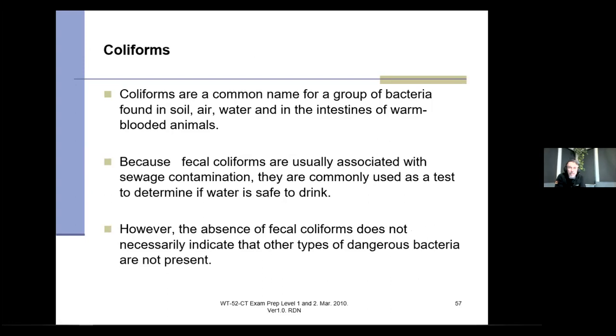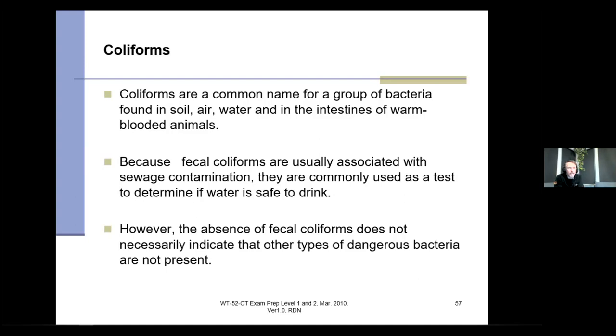There's two types, right? There's total coliform and fecal coliform. Now, total coliforms are just saying, hey, there's contamination here. Whereas the fecal coliforms are usually associated with sewage, and that's a really bad thing.